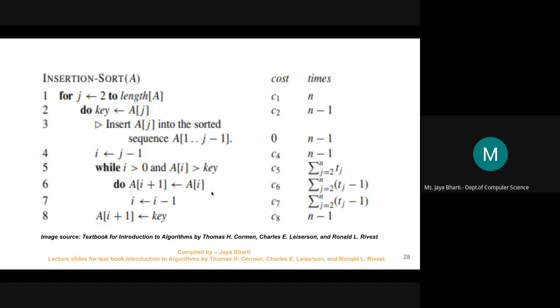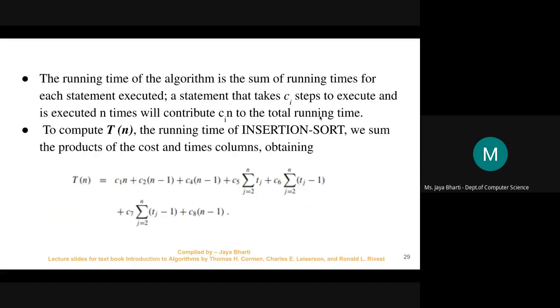So this is tj, then it will be tj minus 1, and this will also be tj minus 1. This is not part of the while loop, it is part of the for loop, so it will be executed n minus 1 times. So you have computed the cost and the number of times. Now what you need to do is simply sum up: the running time of the algorithm is the sum of the running time for each statement executed.